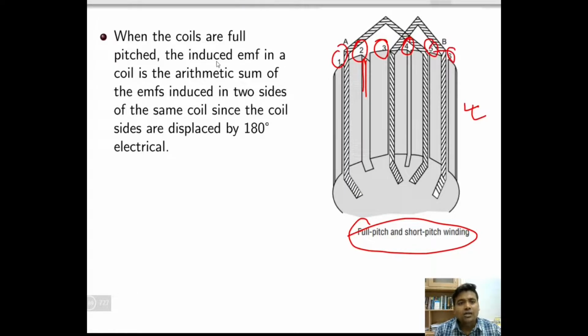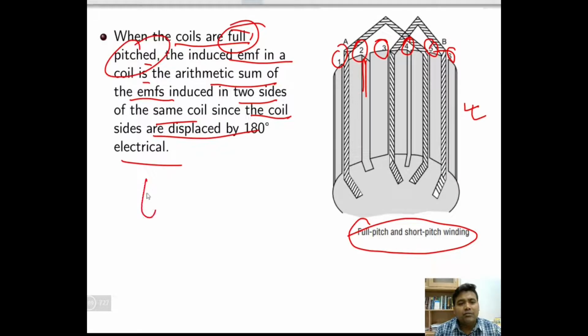When the coils are full pitch, the induced EMF in a coil is the arithmetic sum of the EMFs induced in the two sides of the same coil, since the coil sides are displaced by 180 degrees electrical. So under the condition of full pitch, the induced EMF is the arithmetic sum, E1 plus E2, because of the 180 degree displacement.